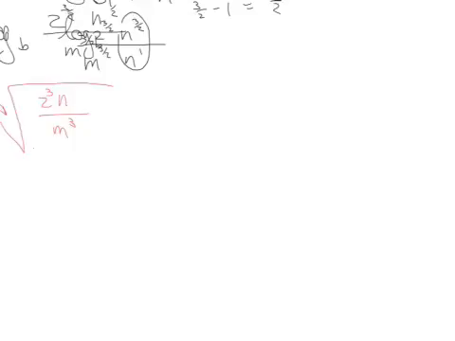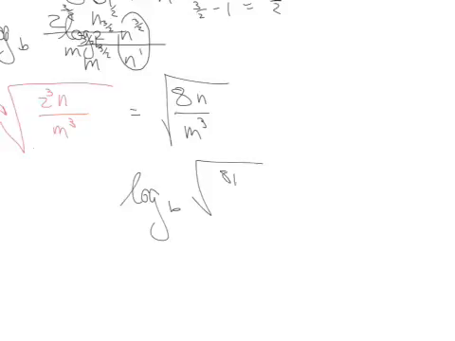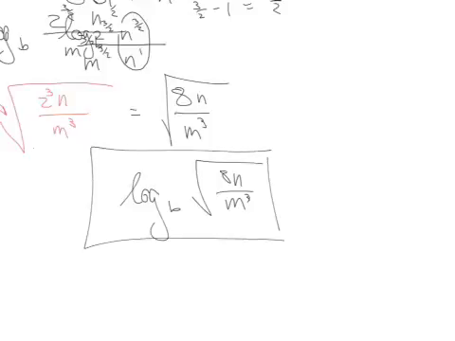The only thing I'm going to do at this point is make this an 8 n over m cubed, with the square root sign on there. So what I'm ending up with, and I haven't been dragging the logarithm with me, I end up with that. So again, if I were to take this and go the other direction, I would end up with what I started with.